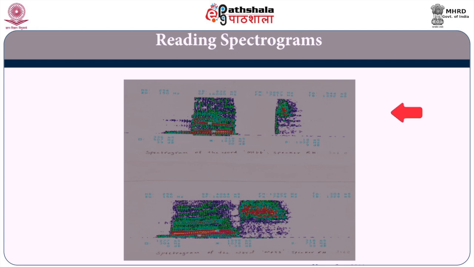So the word is mit. There are antiformants just before the vowel e in mit. You see there is not that much energy in the antiformants, and then you have the horizontal bars in red. That corresponds to the vowel e, which is very loud, and therefore you see red colored bars, three of them.